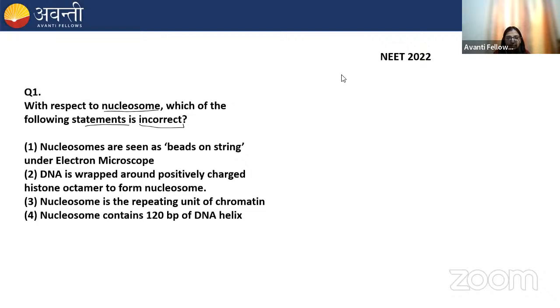Very good. This is the histone octamer. DNA will wrap around this histone octamer and form a structure known as a nucleosome.